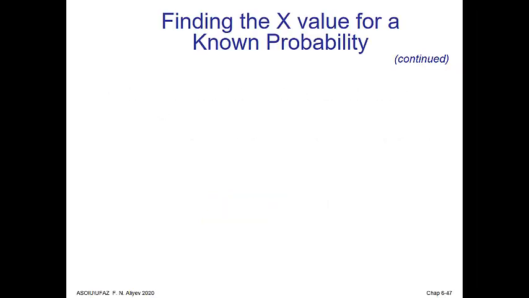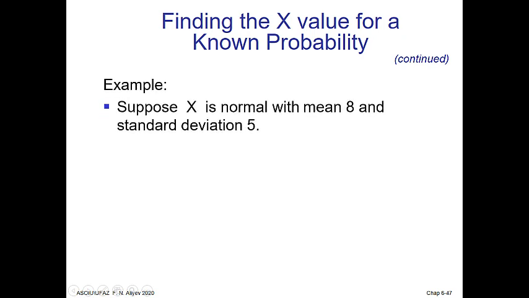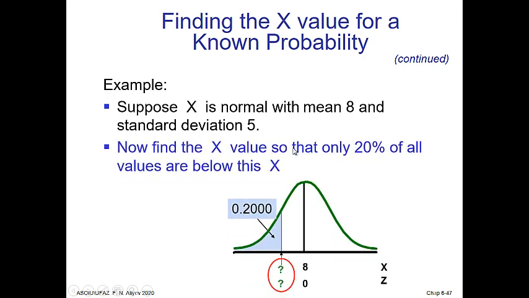Let's consider an example. Suppose x is normally distributed with mean 8 and standard deviation 5. Find the x value so that only 20% of all values are below this x. What does it mean?